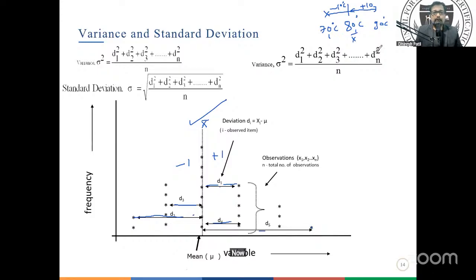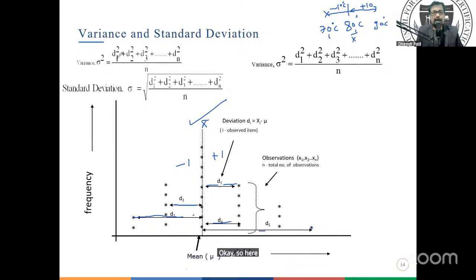Now, to eliminate this effect of plus and minus, statisticians take the squared value. Instead of d1 and d2, they will take d1 square. Why? Because the squared value is always a positive value.